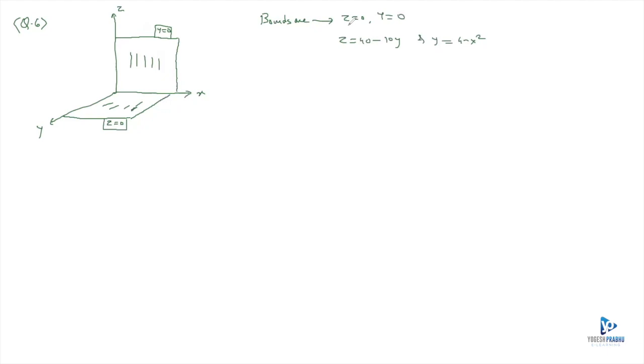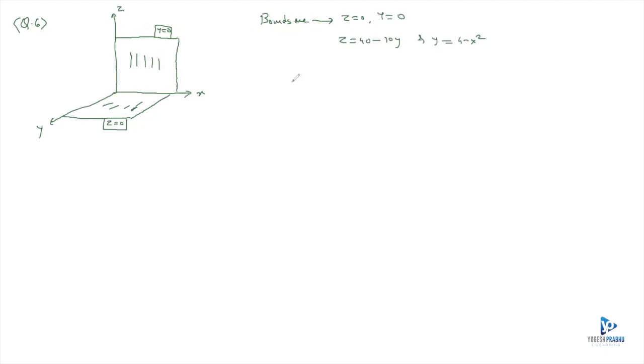Your z is always going to be positive because it's never going to be negative. How do we know that? Because these are the bounds, and one of the bounds is the plane z equals 0. This plane here is one of the bounds.